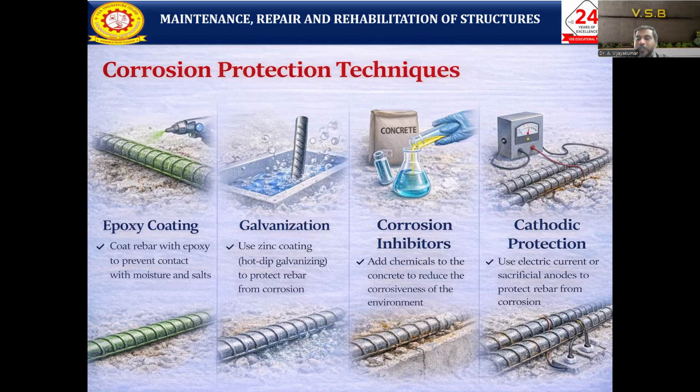Then cathodic protection uses an electric current or sacrificial anodes to protect the rebar from corrosion. These four methods each form one layer that does not allow the reinforcement to contact the atmosphere. That is the main idea, and with these four methods we can reduce or prevent corrosion of steel reinforcement.